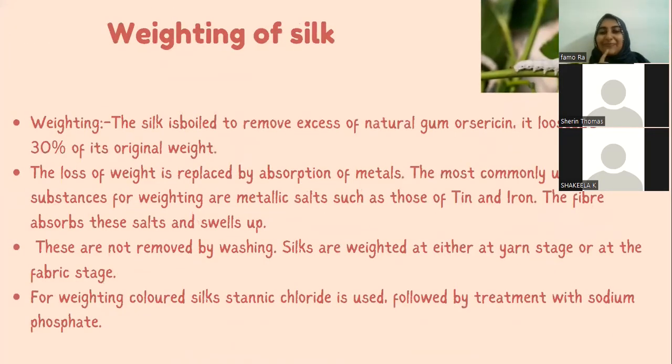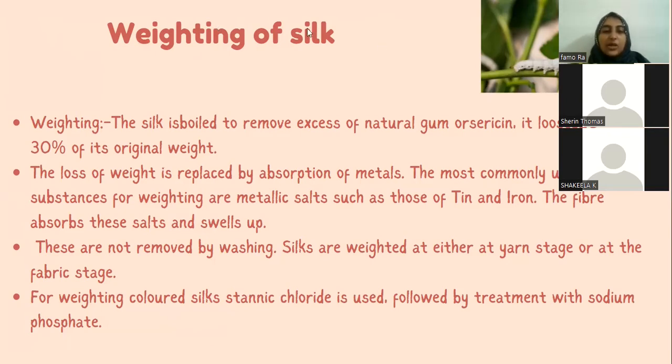That is weighting. Now, weighting, the silk is boiled to remove excess gum, right? The loss of weight is now replaced by absorption of metal. We have said that the silk will lose some amount of weight when the sericin is removed from it, so we need to increase the weight.